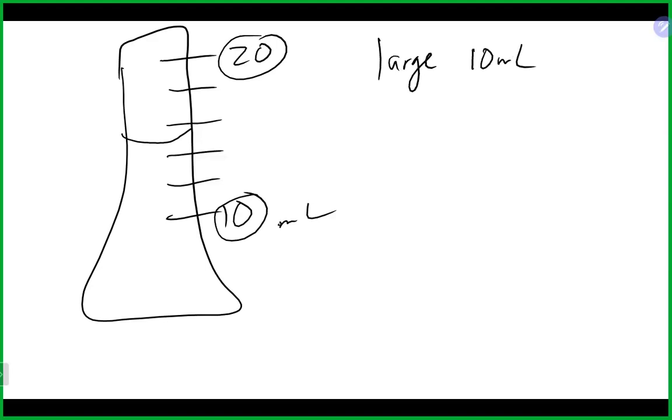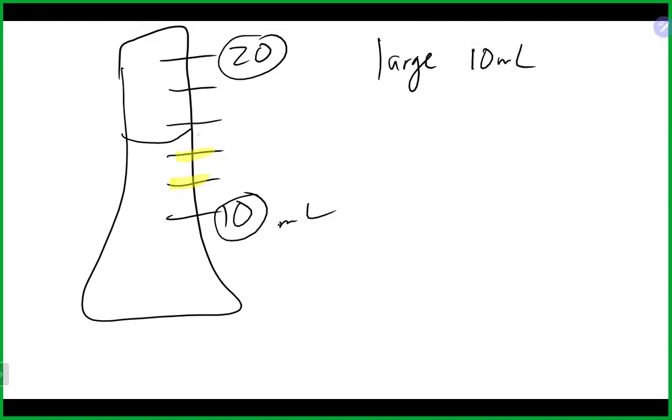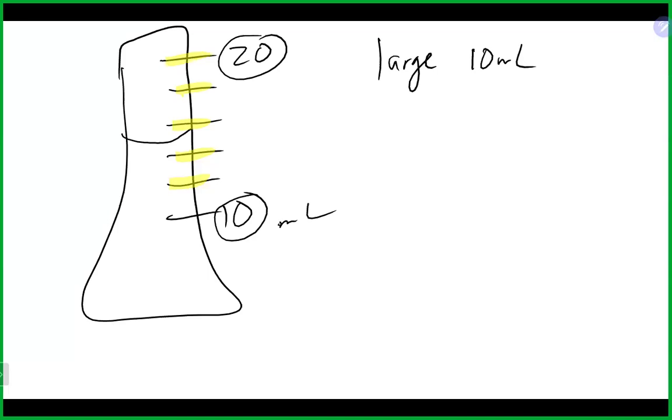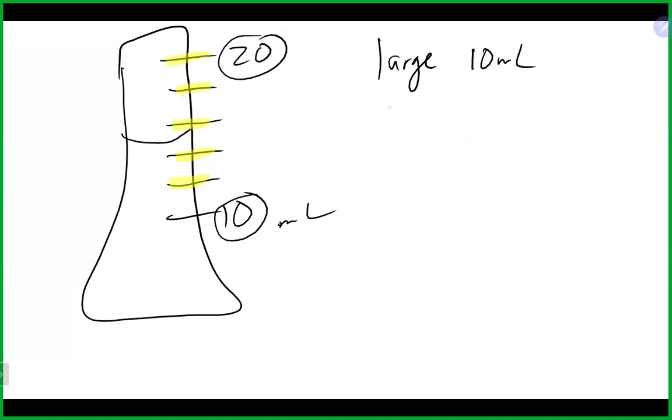When we count how many of our smaller markings we got, I got 1, 2, 3, 4, and 5 only. So in this case, if you take the 10 and divide it by 5, you will get 2 as the smallest marking. So our smallest markings are 2 milliliters. That would be 12, 14, 16, 18.